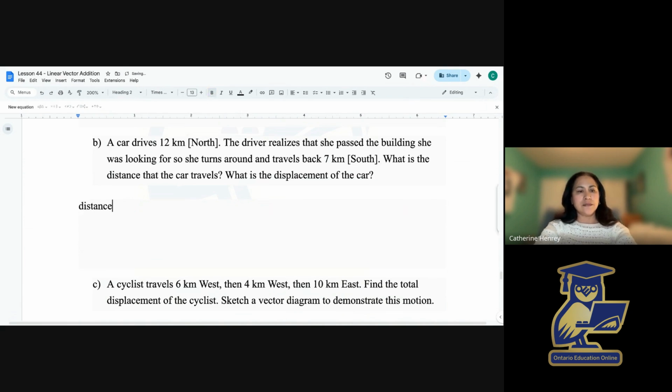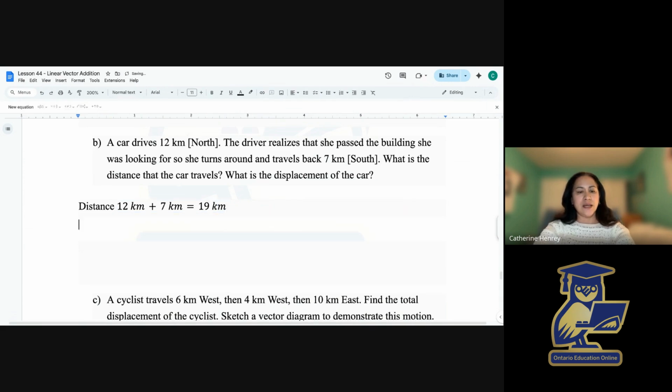The distance is found by just taking the magnitudes, which is 12 kilometers, and adding them together, plus 7 kilometers. And that's going to equal 19 kilometers.